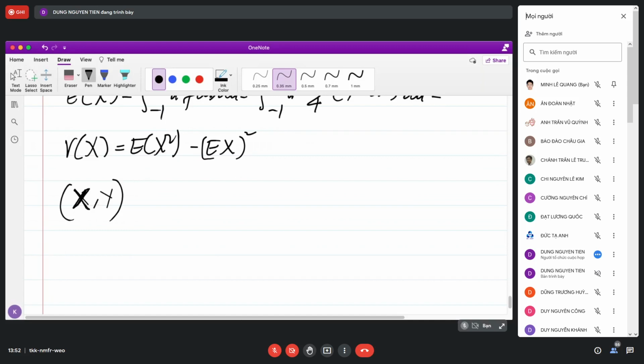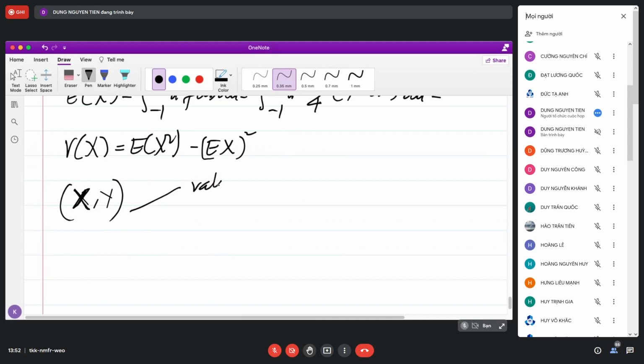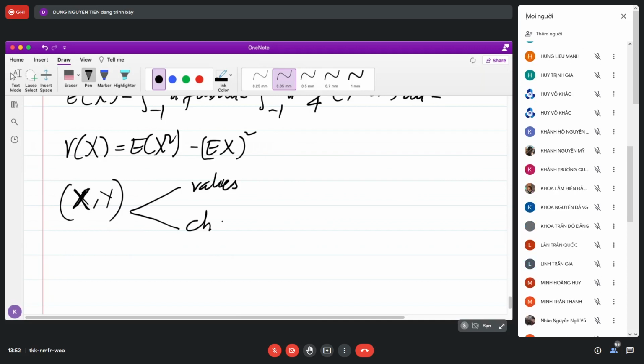Okay, we have a random vector, and in order to describe the distribution of the random vector, you still need to know all the values that the vector may take, and also the chance that you can observe those values.